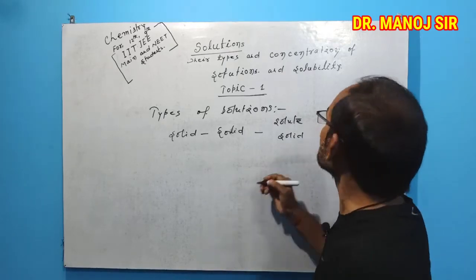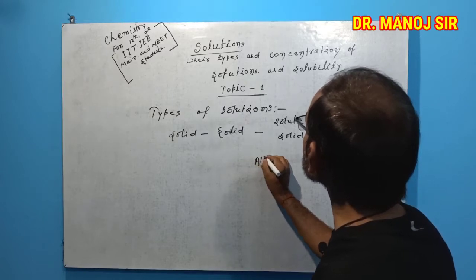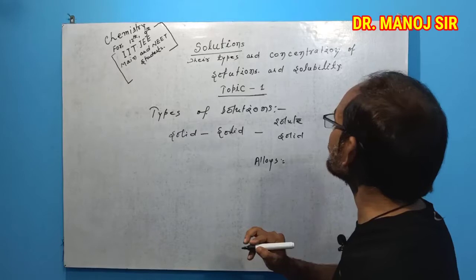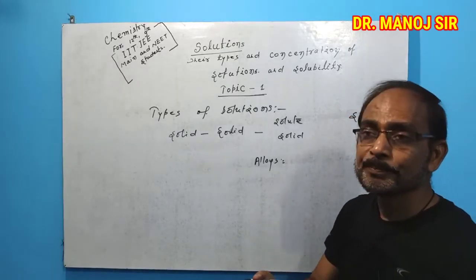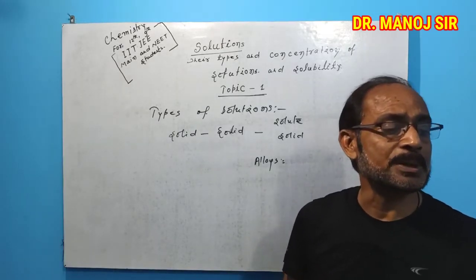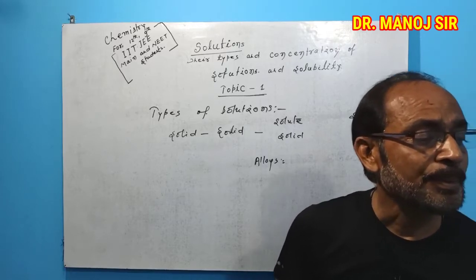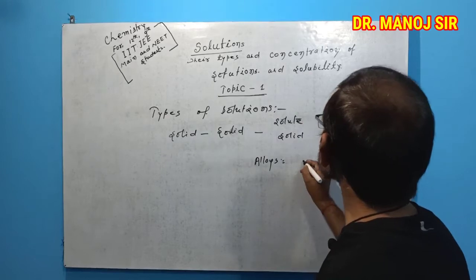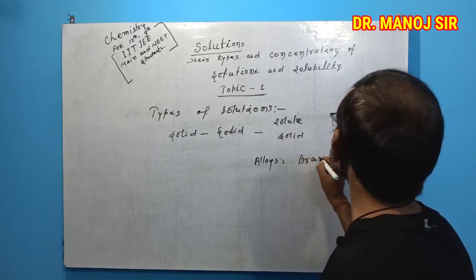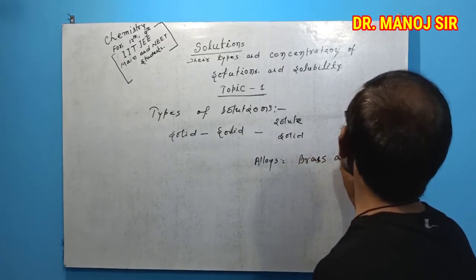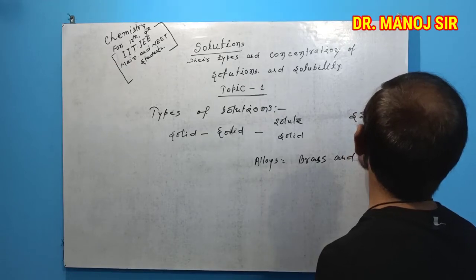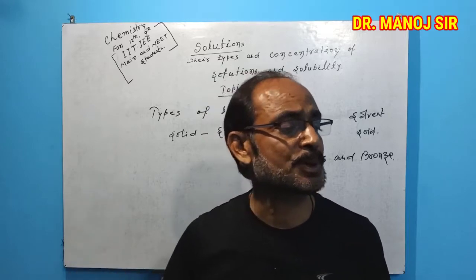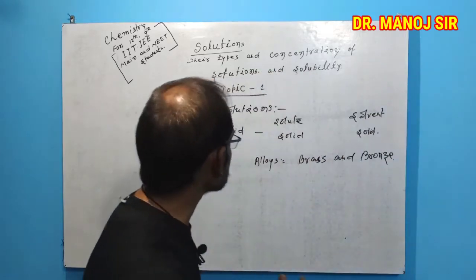Examples are two solid substances, brass and bronze. This is solid in solid.